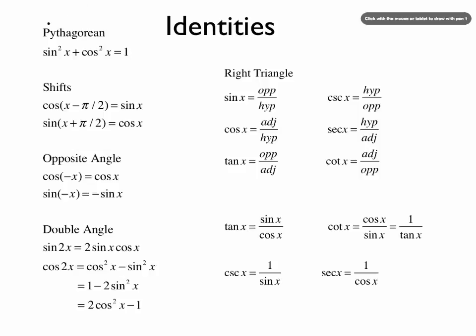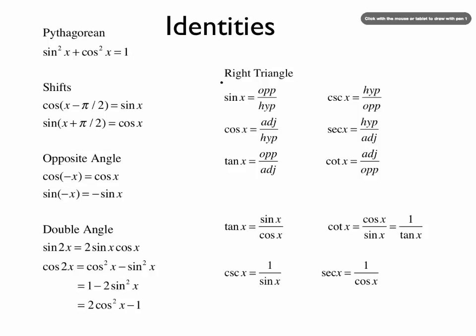So Pythagorean, we just talked about the Pythagorean identity. It comes from a right triangle inscribed in the circle, right? We just talked about this one. And similarly, you can look at a cosine curve that lags behind by pi over 2, and that's the same as sine. Okay, so those are identities based on shifting the graph horizontally.